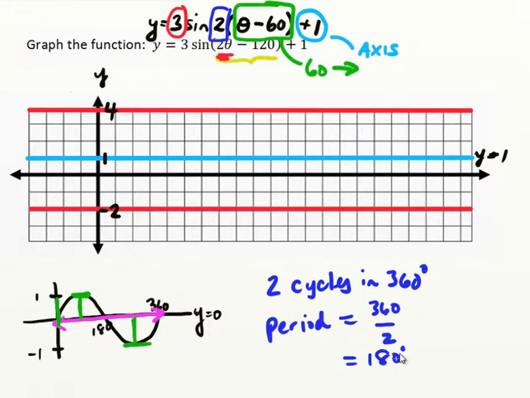All right, so now that we know the phase shift is 60 degrees to the right, and we know that the overall period is 180, let's put a scale on our x-axis that makes those two things very easy to do. First off, let's look at the period, 180. I know that I have to fit at least 180 degrees in here. Now I've got lots of room with all these grid squares, so I don't think that's going to be an issue at all.